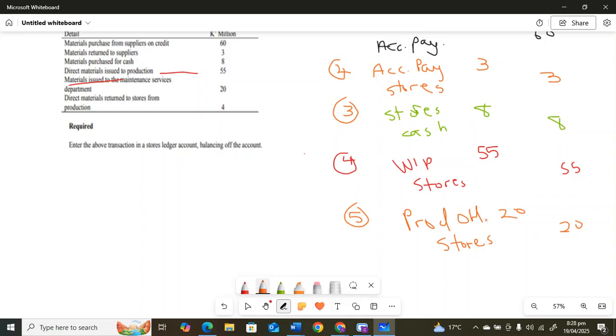These are goods for the supporting departments like cleaning, utilities, maybe oil for the machines. So production overheads, in brackets we put maintenance. Then finally, direct materials returned to stores from production.